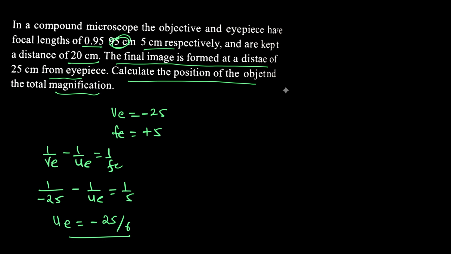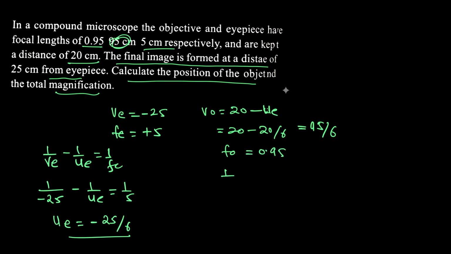Now UE is given, so VO will be equal to total length minus the mod value of UE. So that will be 20 minus 20 by 6, that will be equal to 95 divided by 6. Now I got VO, and FO is already given, that is 0.95, and 1 by VO minus 1 by UO is equal to 1 by FO.